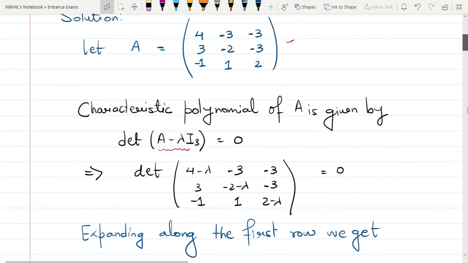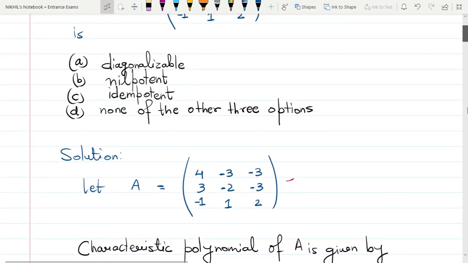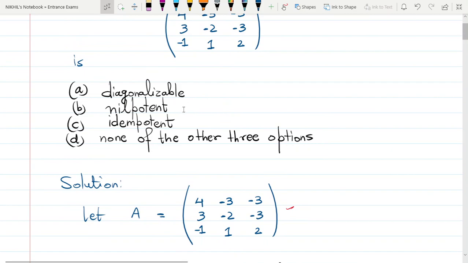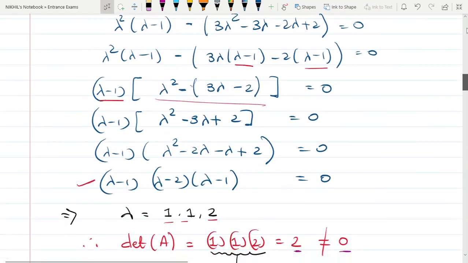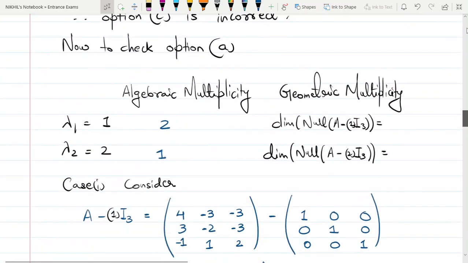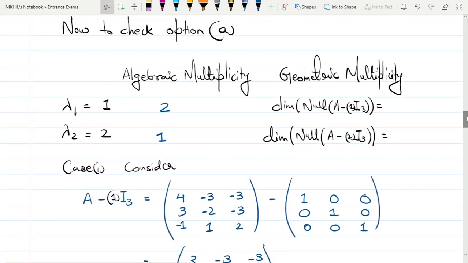So I have now discarded two options, option B and option C. Since these two are incorrect, I am left with option A, and I have to check whether this matrix is diagonalizable. In order to check that, I have to use some of the standard results for checking whether a square matrix is diagonalizable.